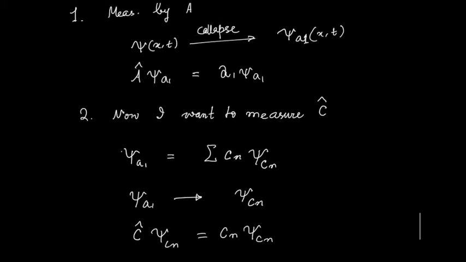Okay. So you see, it's a completely different process when A and C do not share the same eigenfunction. And you can imagine, if I use A first and then I use C, I will get one outcome. On the other hand, if I use C first and then I use A, I will get another outcome.